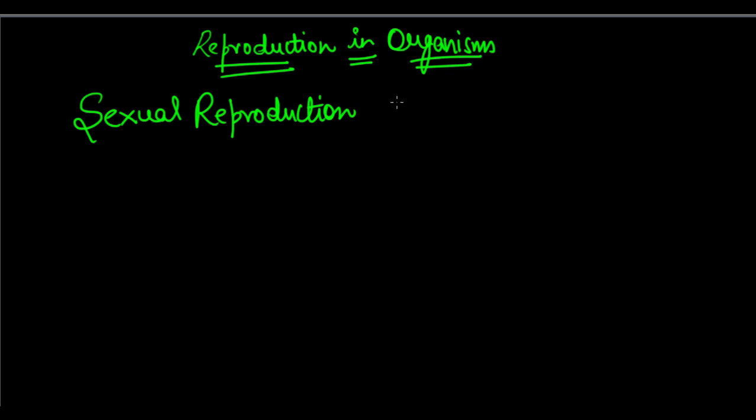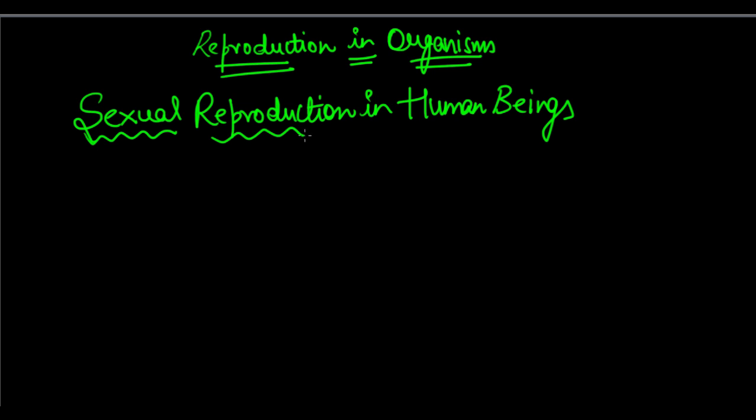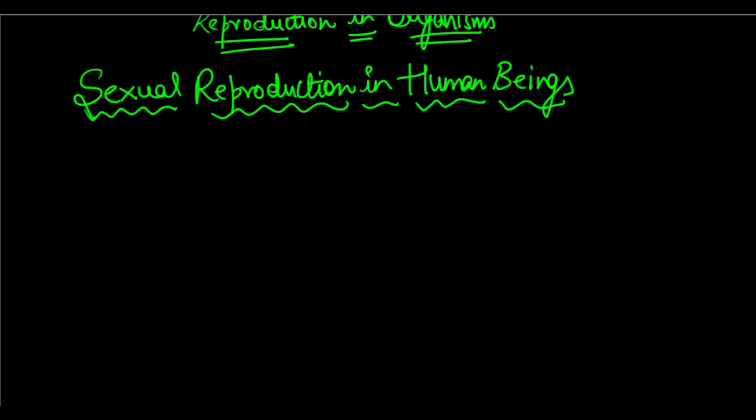Sexual reproduction in human beings, right? So that's the second part of sexual reproduction after plants. Now we move on to human beings, right? Now, human beings do not reproduce through any asexual method.